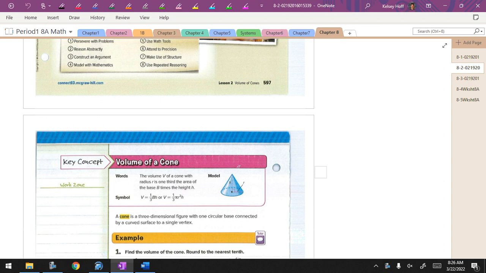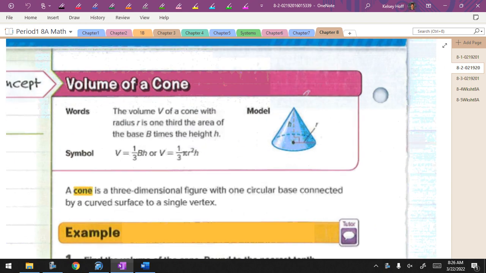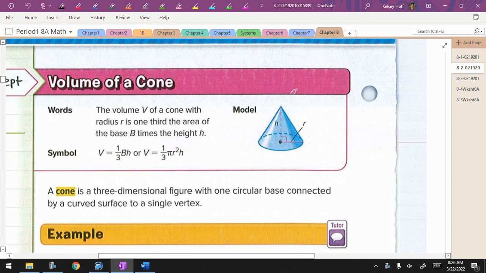So you guys are on page 598. The way the book writes it, Miss Hoff doesn't really like, so she's actually going to have you rewrite it. So go right over here, V equals, right underneath your cone, 598. Yesterday, what was the formula we used yesterday?